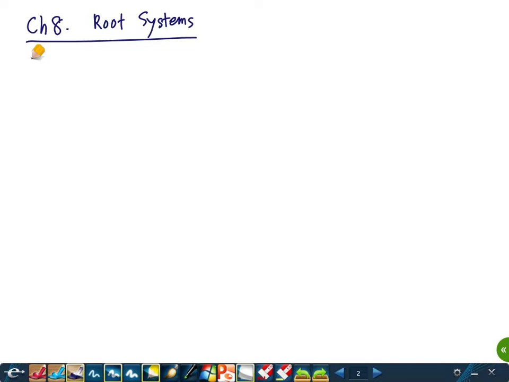So if you're interested, you should read the proofs in the textbook. Instead of giving you the details of the proofs, I will try to give you the idea behind these theorems or propositions using examples. So the first section is about abstract root systems.